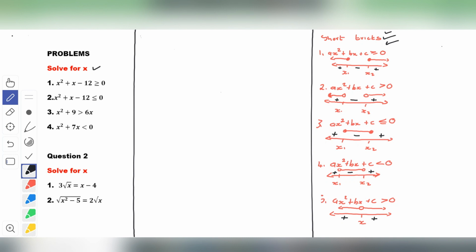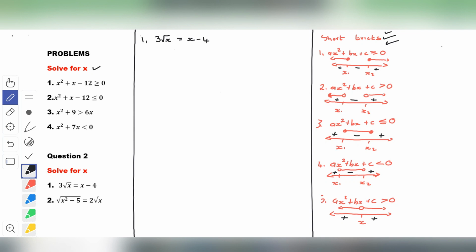So now let's talk about question 2. Solve for x given 3 times the square root of x is equal to x minus 4, right? So how do we solve for x here? We can see that we have a square root.